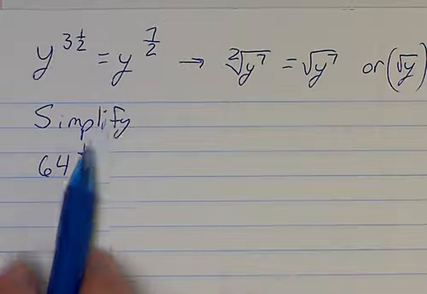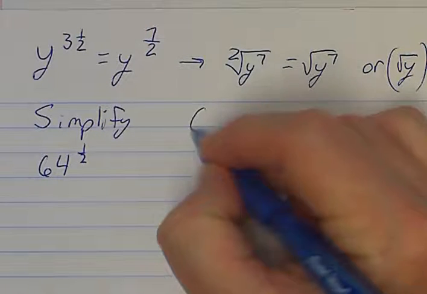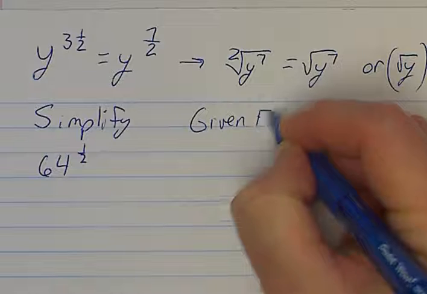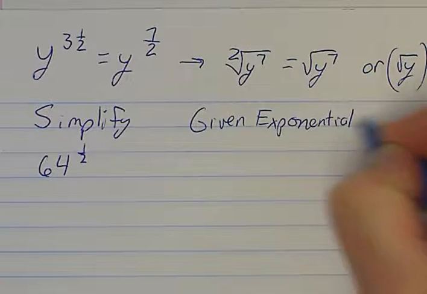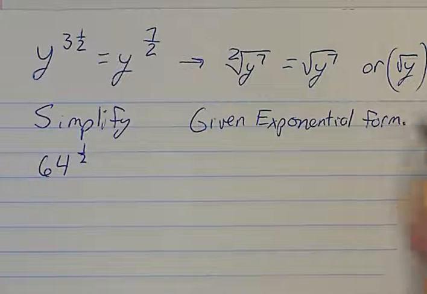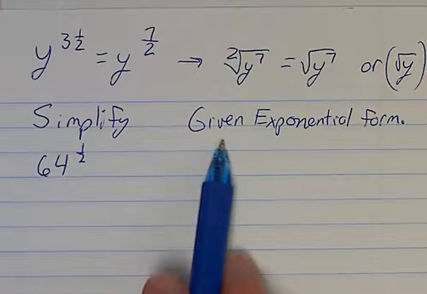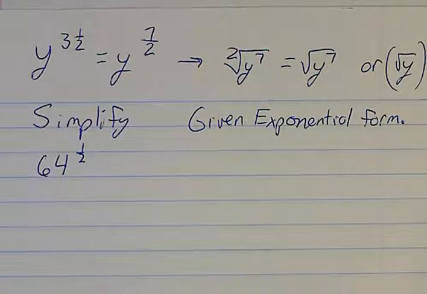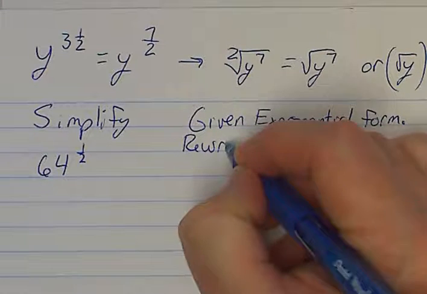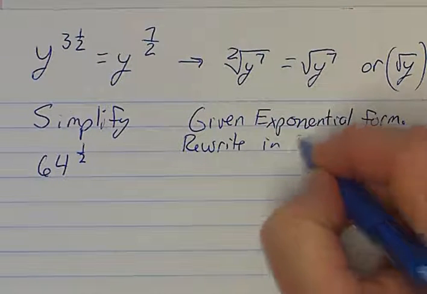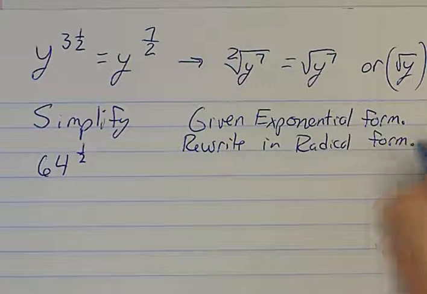So for these, if they ask you to simplify, if you're given exponential form, we're not really, so far, very good at seeing this thing yet. So what we're going to do is we've got this exponential form. We're used to seeing radical form. So when we're given the exponential form, we're going to rewrite it in radical form. And once we do that, it should be a number that should just kind of jump out at you when we see this.